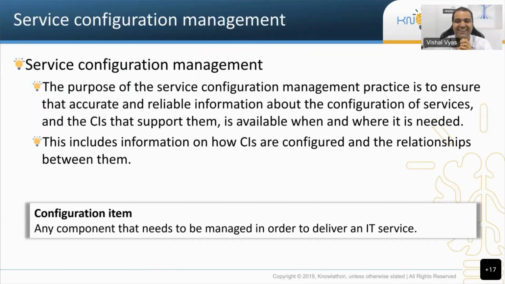No. Because there may be users working on it or some application running on it and so on. Someone has to approve it, someone has to run it, someone has to retire it after the work is done. So this is a component that needs to be managed. So any component of your IT environment that needs to be managed in order to deliver an IT service is a CI, configuration item.